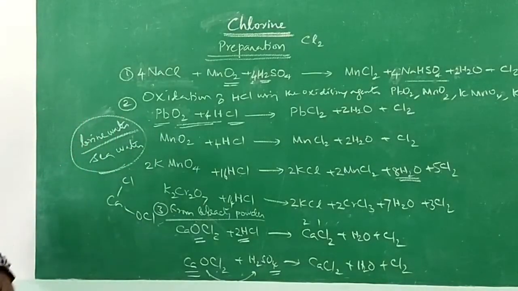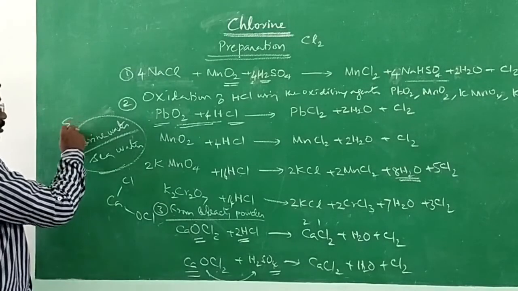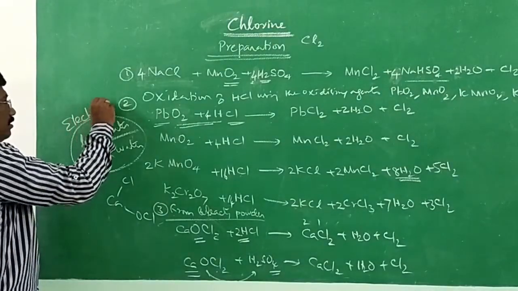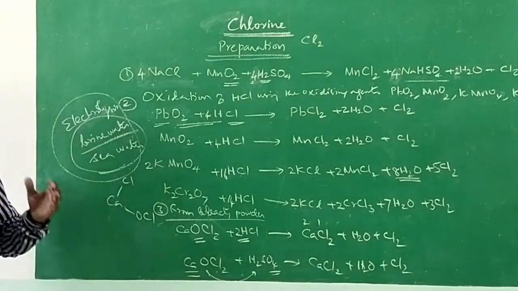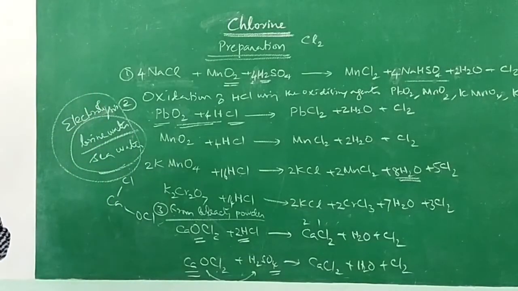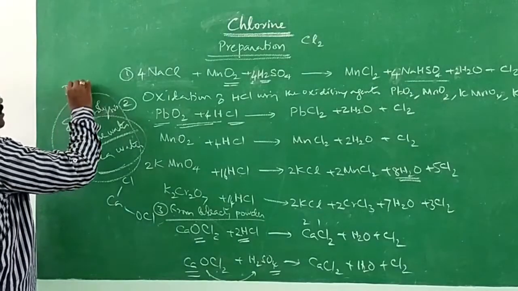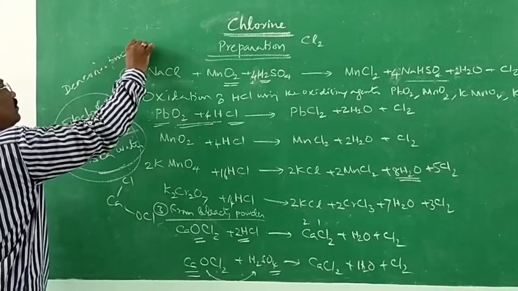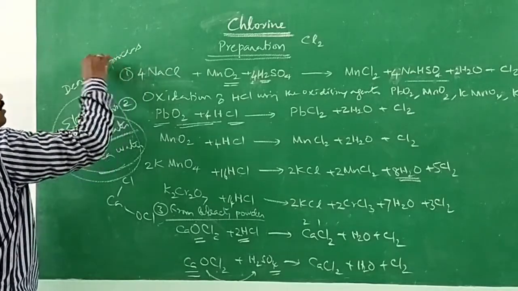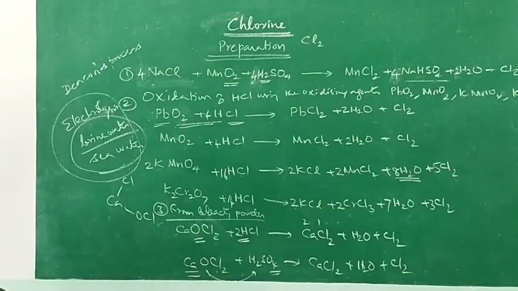That is one method. Because sea water contains plenty of chlorine, we can extract from that. The second method is the Deacon process. These are the 2 methods of preparation of chlorine. Those 2 methods we are going to see now.